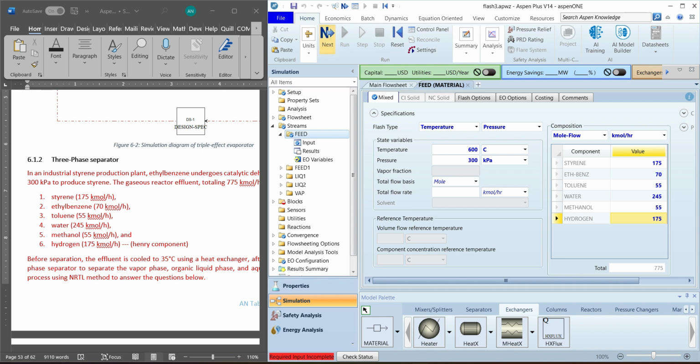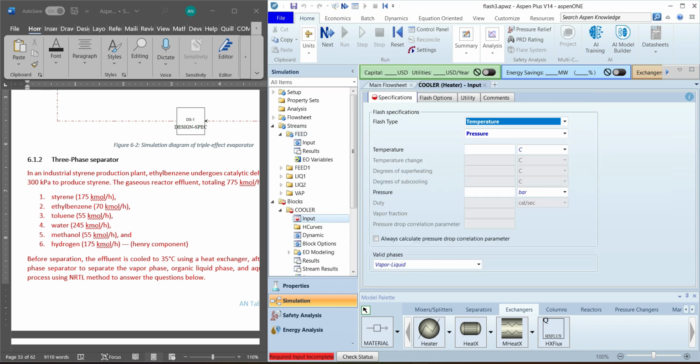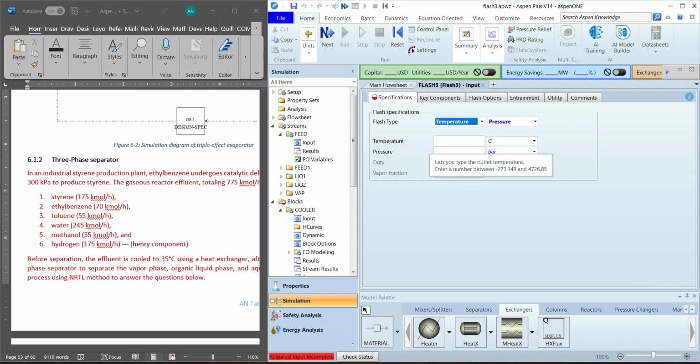Let's proceed next for the cooler block. For the cooler, we can fairly assume that there is no pressure drop and the discharge temperature should be 35 degrees Celsius. Let's proceed next to the Flash3 block. For the Flash3 block, again we can assume no pressure drop. The second specification could be either isothermal operation or adiabatic operation.